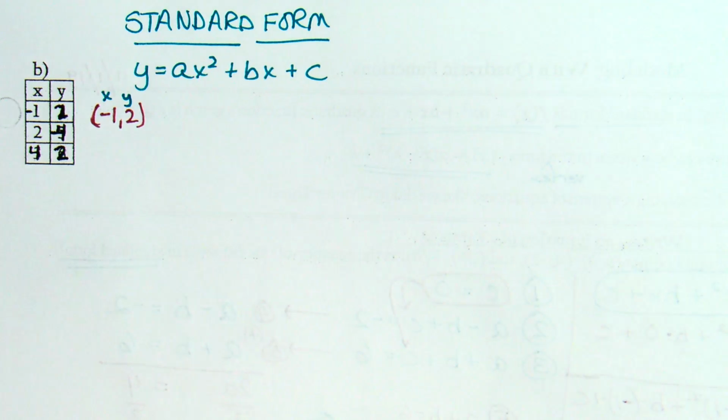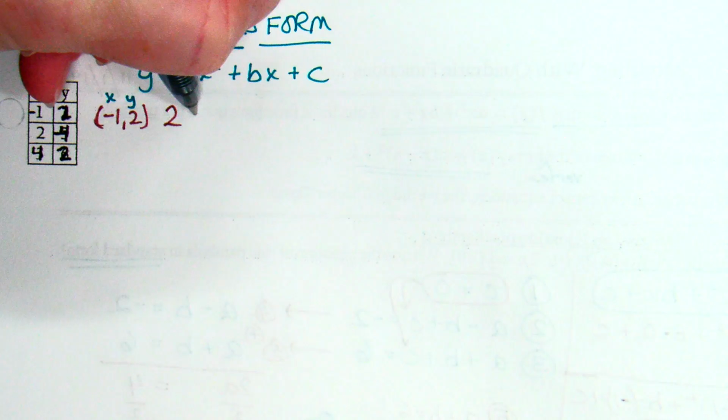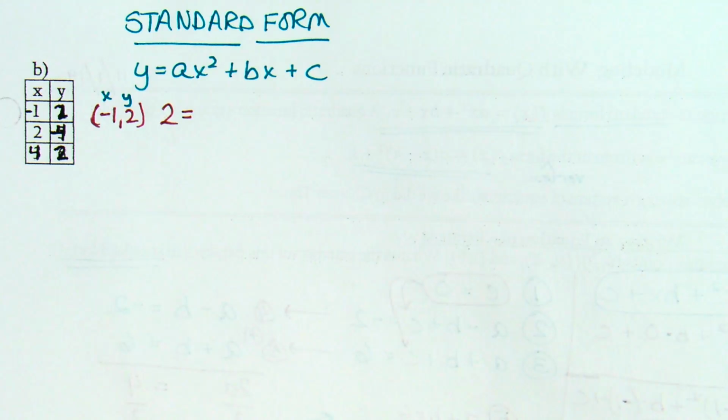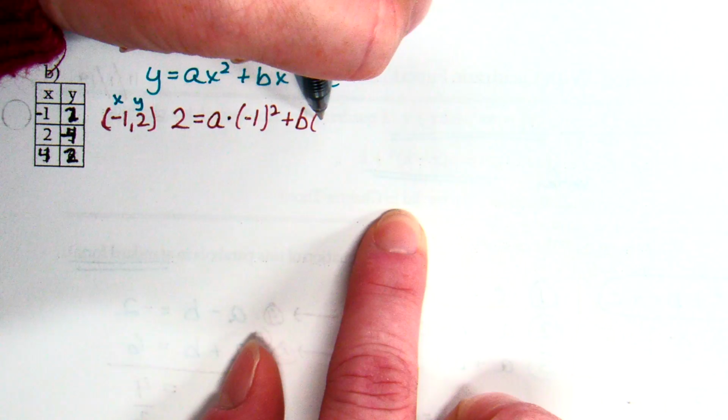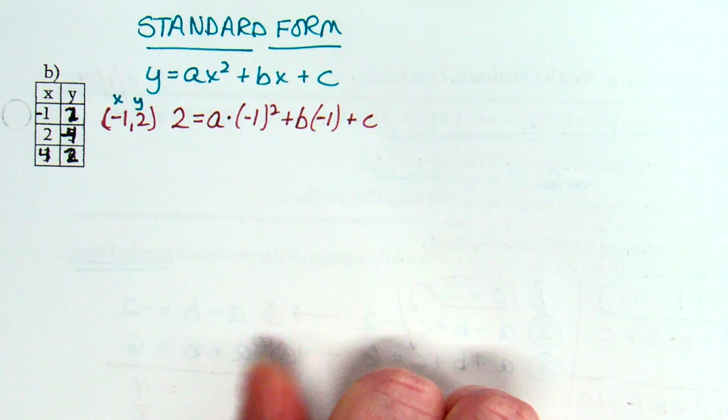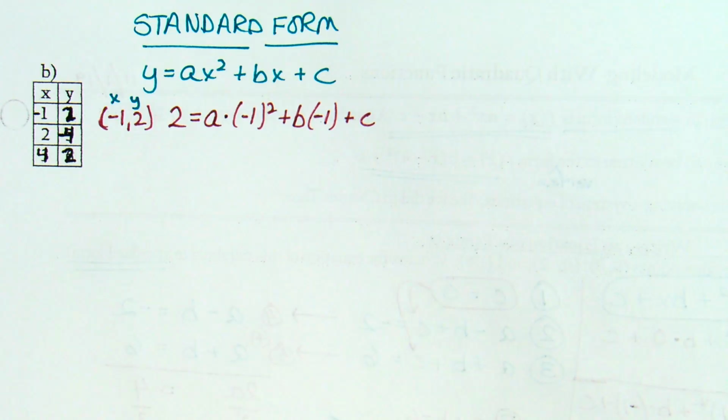Okay, so Y equals means I'm going to write 2 equals AX squared, so A times -1 squared plus BX, so plus B times -1 plus C. As you get better and more confident at this, you could go ahead and write out that next equation without writing the initial equation, right?